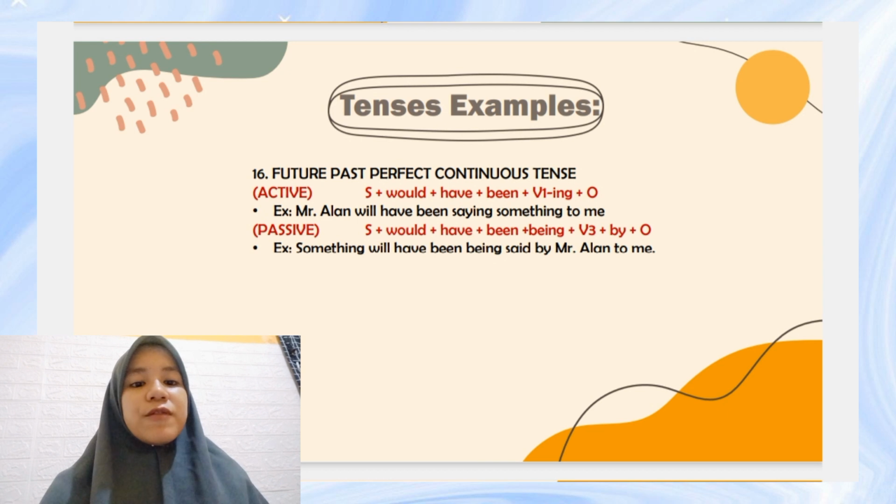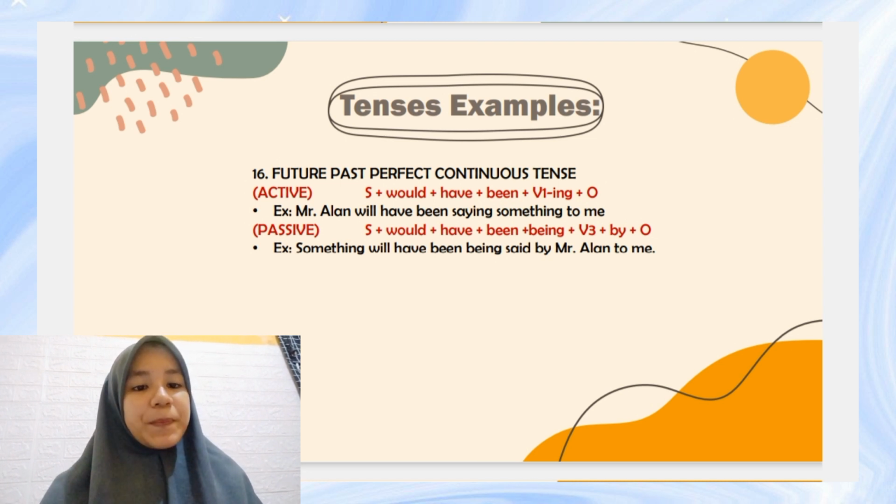And last, future past perfect continuous tense. Pattern active: subject plus would plus have plus been plus verb 1 plus -ing plus object. Example, Mr. Alan would have been saying something to me.